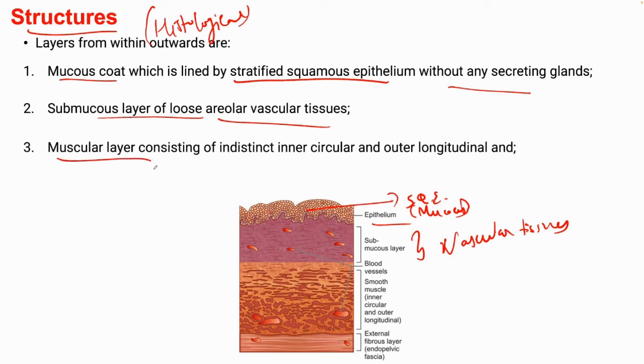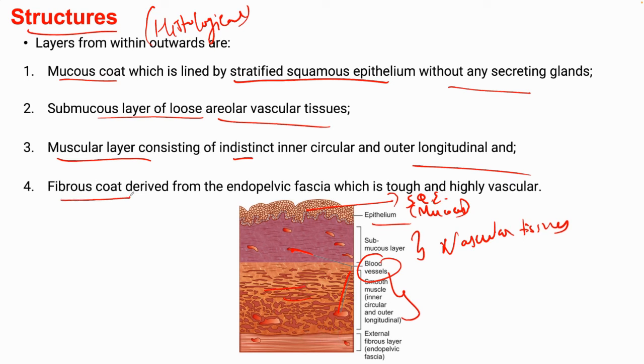Then the muscular layer, consisting of an indistinct inner circular and outer longitudinal layer of smooth muscle. You can see this layer, inner circular, outer longitudinal. And last is the fibrous layer, derived from the endopelvic fascia, which is tough and highly vascular. So mucosal, submucosal, muscularis and fibrous, 4 layers from inner to outer.